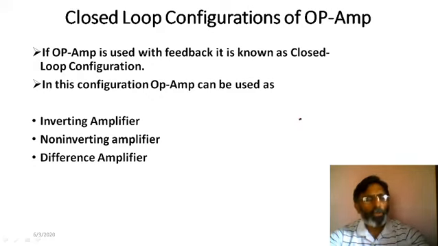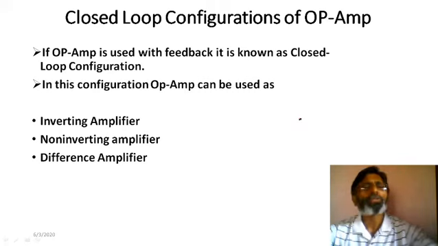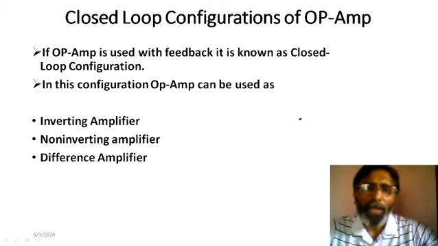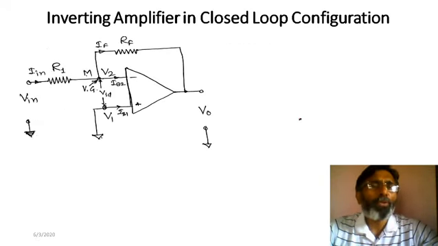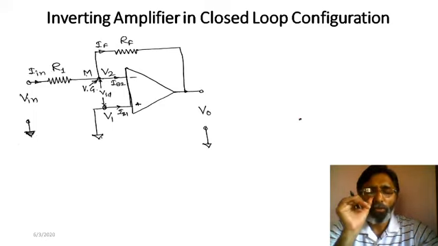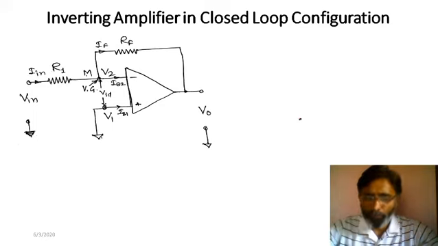If we are using only one input, and in that if we are using the inverting input, we call it an inverting amplifier in closed loop configuration. And obviously the other will be if you are using the non-inverting input, we call it a non-inverting amplifier configuration in closed loop. We are going to study only the inverting amplifier and non-inverting amplifier in the closed loop configuration. Difference amplifier we are not going to study.